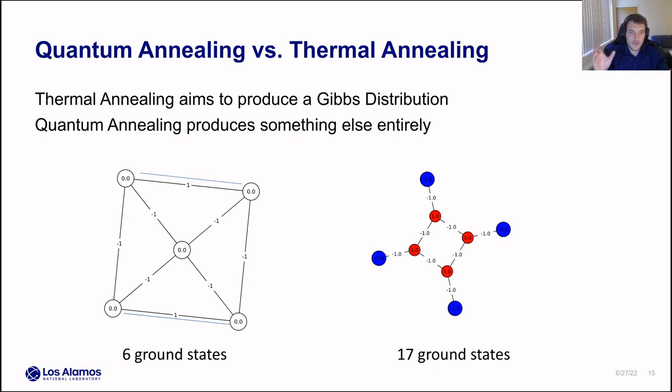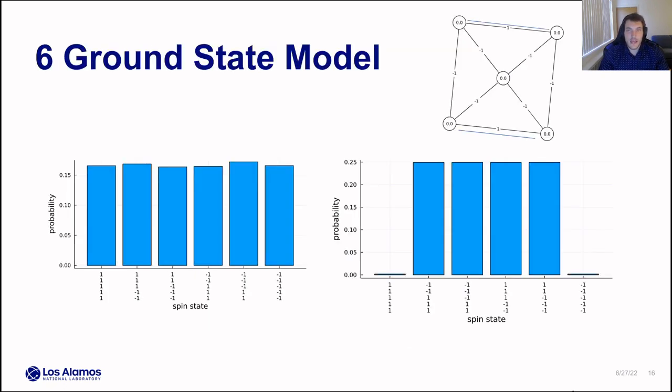So I have these two different models. One of them has 6 degenerate ground states, and one of them has 17 degenerate ground states. And the way that they perform between simulated annealing and quantum annealing is actually quite different. So in the case of the 6 ground state model, we have the simulated annealing effectively reproducing a Gibbs distribution.